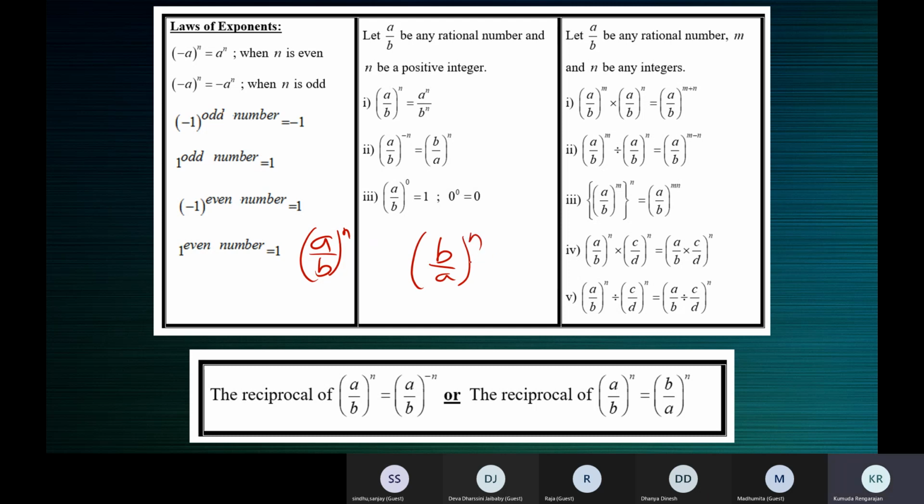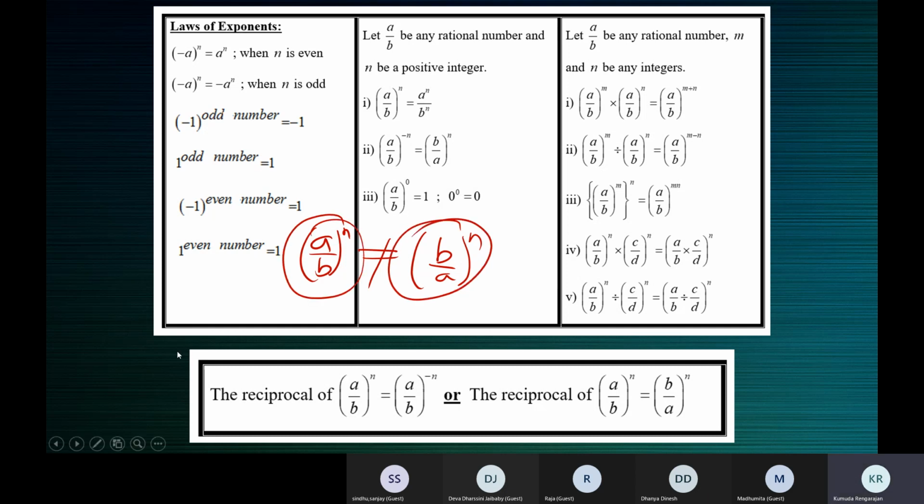You've made only one change. You did not write the negative of the power. Now these two are not equal. (a by b) to the power n and (b by a) to the power n are reciprocals of each other.